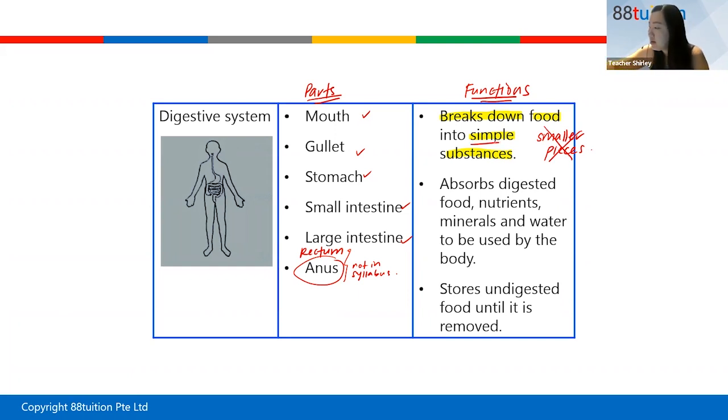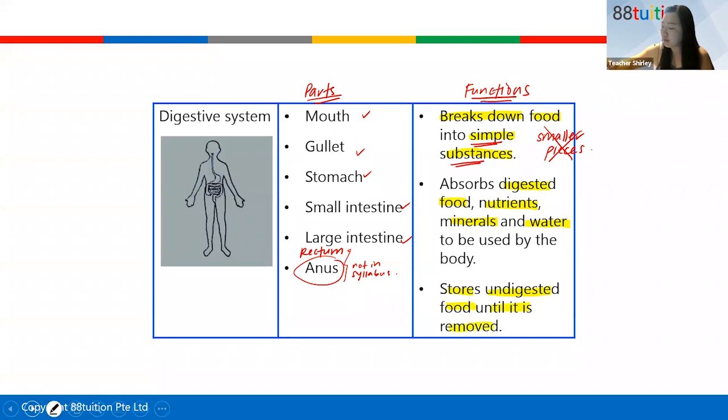You should use the term simple substances instead. Now, the second function of the digestive system is to absorb digested food, nutrients, minerals, and water to be used by the body. And lastly, it is to store undigested food until it's removed.